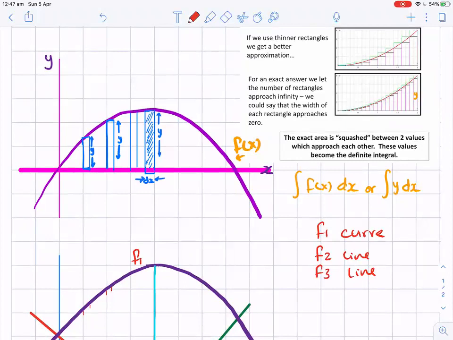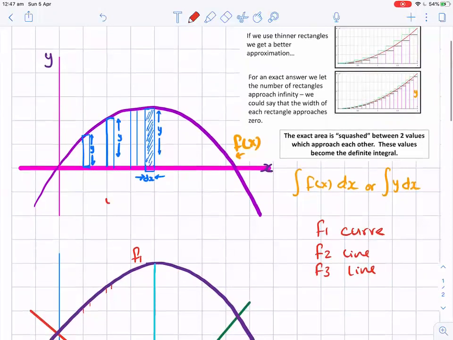Because each strip is a rectangle, its area is the height times the width. So the area of each rectangle is y dx. That gives the area for each rectangle.